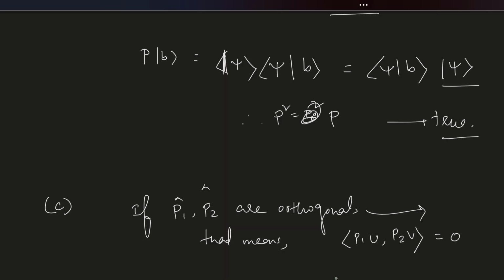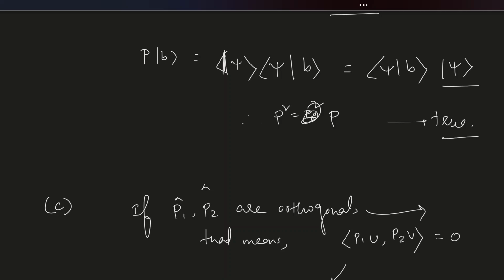So let us see what it gives you: the expectation value P1u, P2v is basically u, P1 dagger, P2 v.